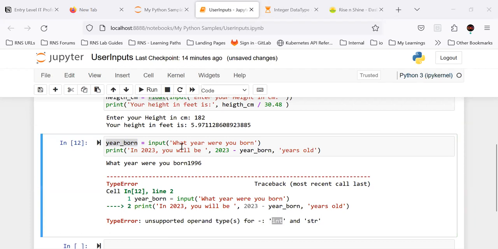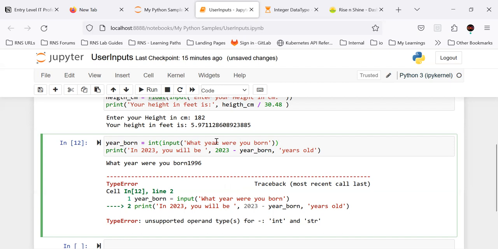Yes, so with typecasting, we need to convert it into int. Yesterday we were talking about data types: for the integer data type use int, for the float data type use float, and from the string point of view str. All these functions are available.